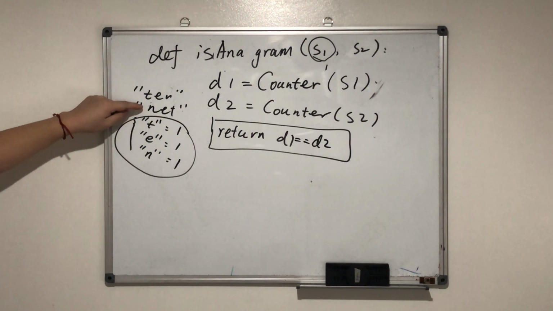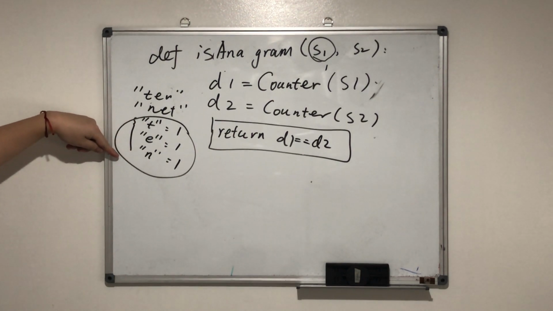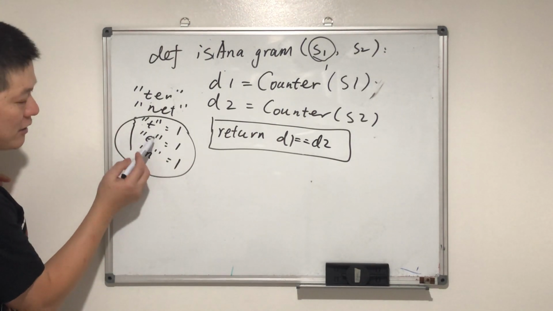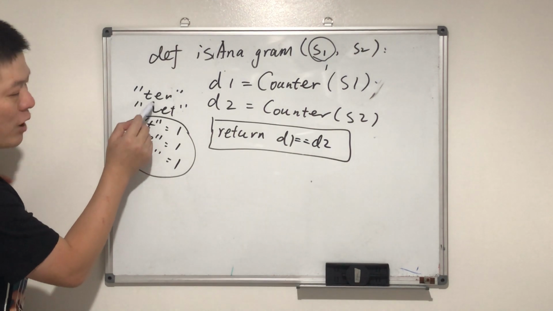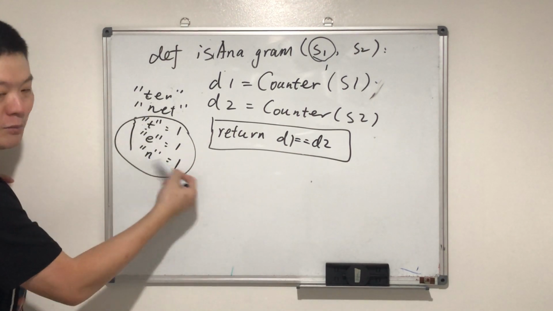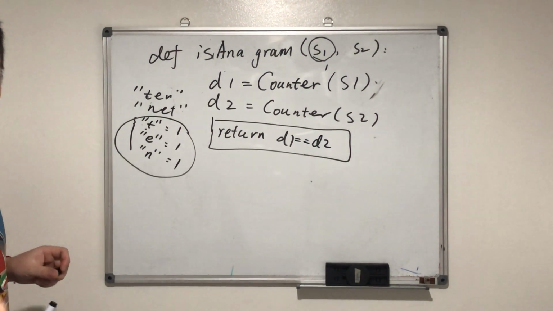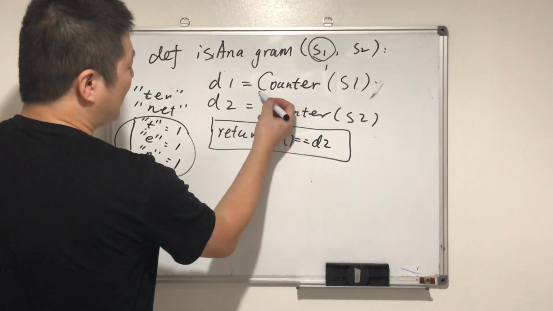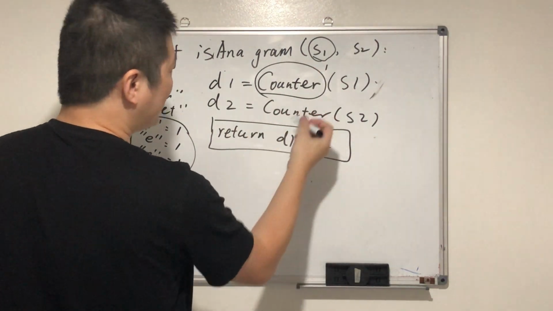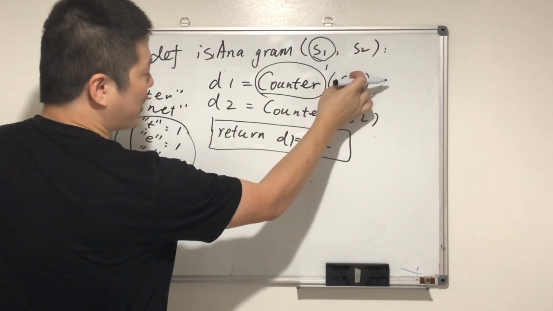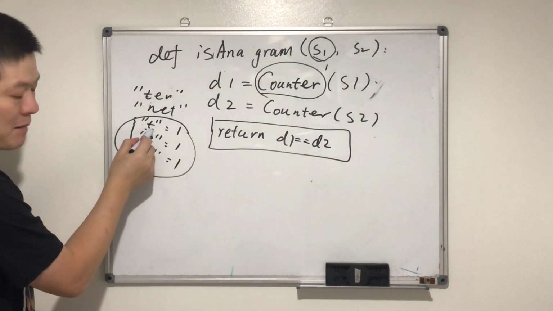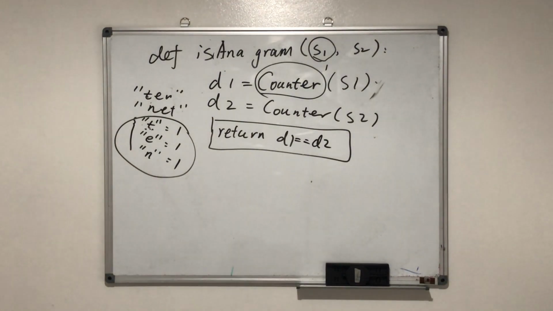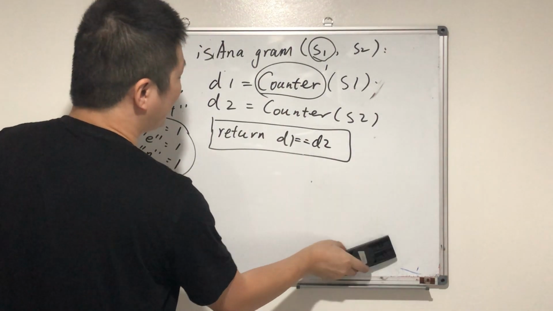Remember, the mapping in a dictionary does not have order. It only has key-value pairs. So it means the letter T has only appeared once in this and this. So there are two mappings that are exactly the same. So this is an object that we can use, Counter, which takes the string and maps it, counting how many times letters appear in each string.